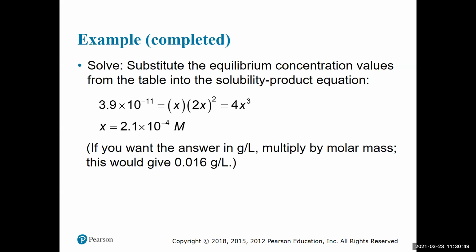So if you get a problem like this, first thing, of course, you divide it by 4, but then you have x cubed equals roughly 1 times 10 to the minus 11. So you find the cube root of that. I don't know about you, but I can't do that in my head. I would need my calculator to do that. So make sure you know on your calculator what buttons to press if you get a problem like that.